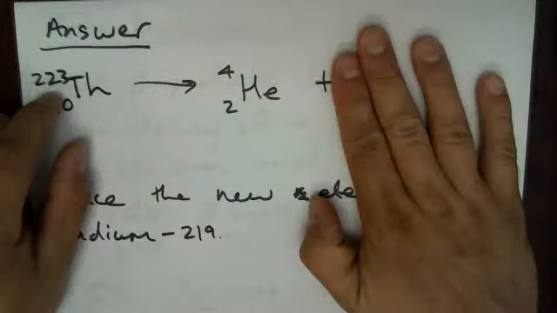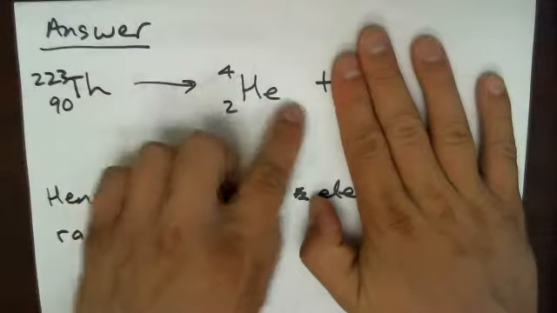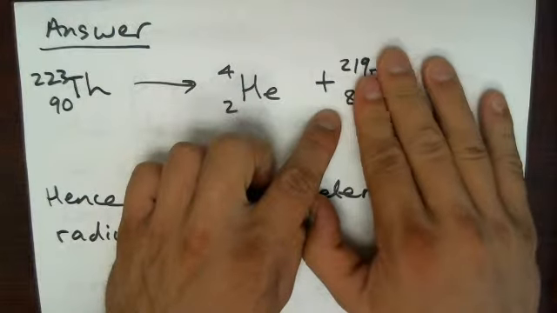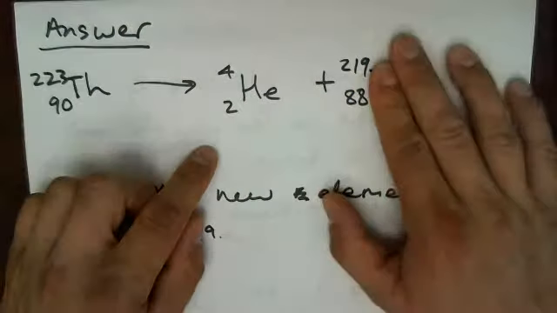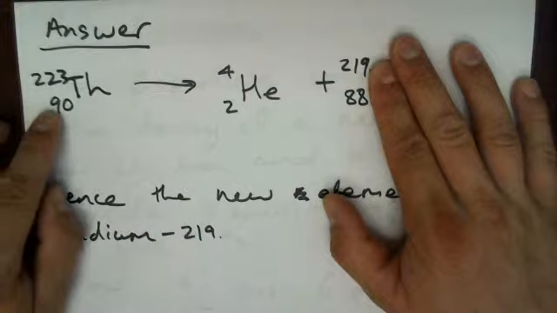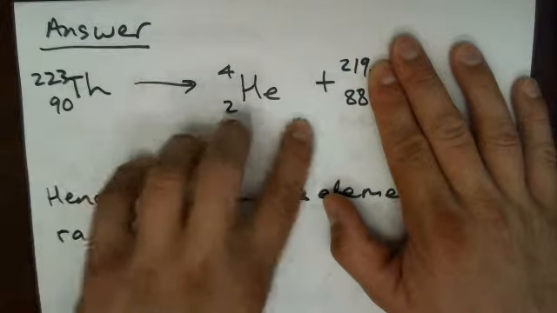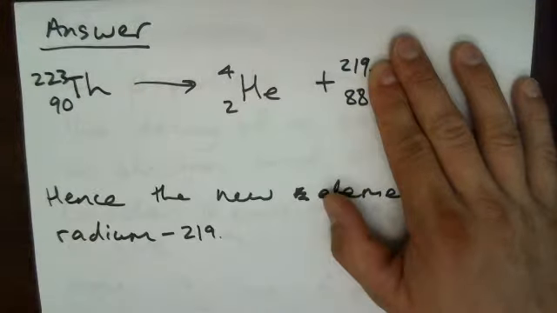So to find the mass number, it's going to be 223, subtract the 4, and that gives me 219. And then if I look at the 90, subtract the 2 from 90, I get 88. And so that means I then go to my periodic table and look at what element has an atomic number of 88.